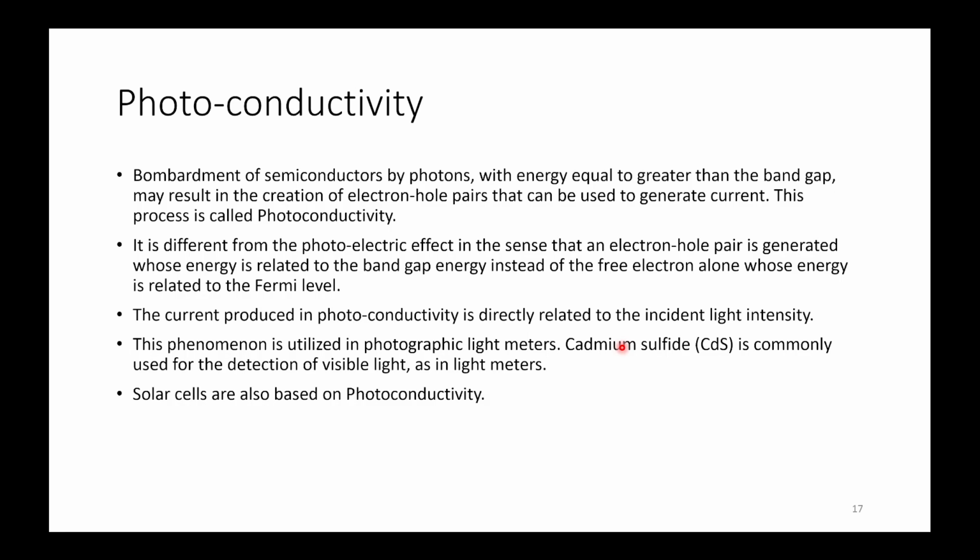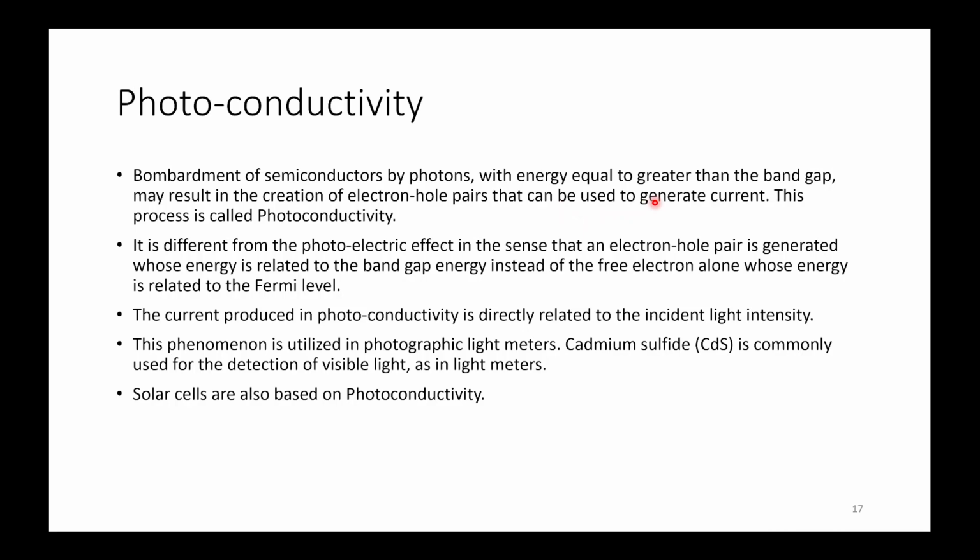Another phenomenon is photoconductivity. In this, bombardment of semiconductors by photons with energy equal to or greater than the band gap may result in the creation of electron hole pairs that can be used to generate current.